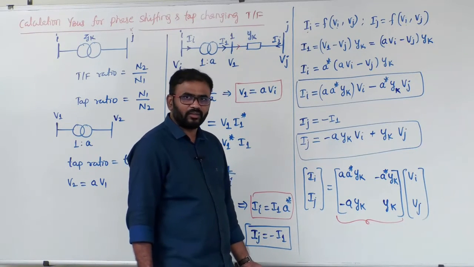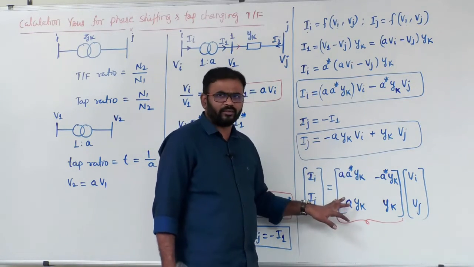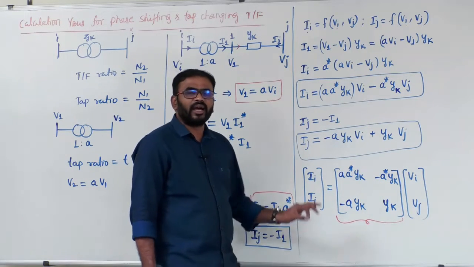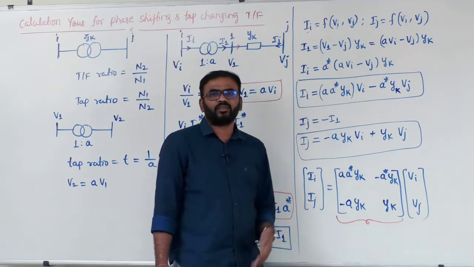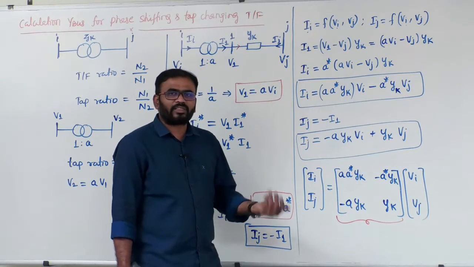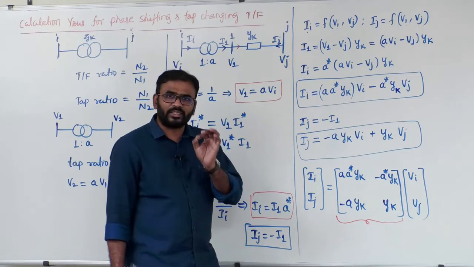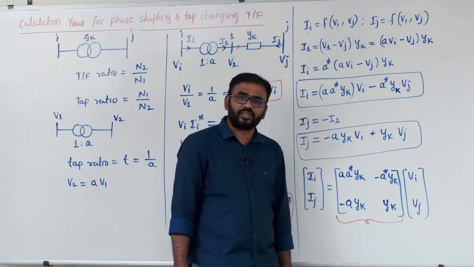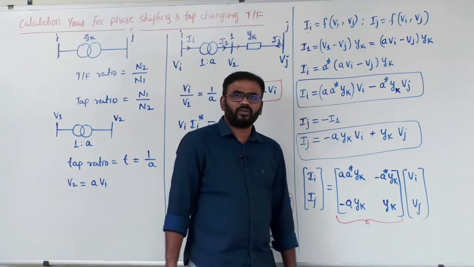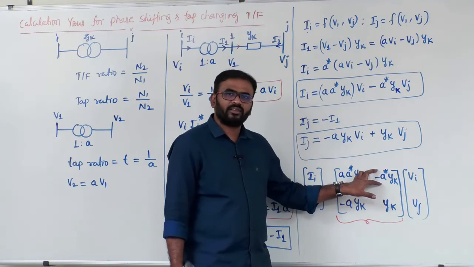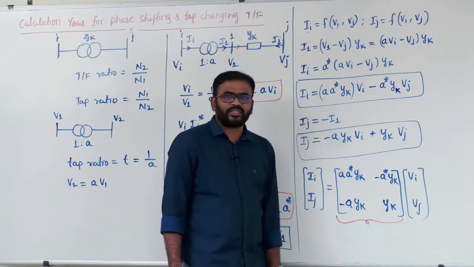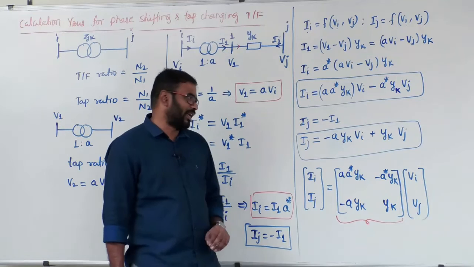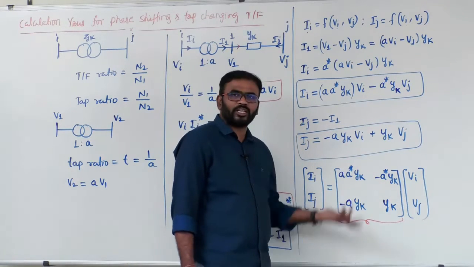What can you understand from here? Yij and Yji are not same. So that's why it is an unsymmetric matrix. That is why in the previous lecture I gave a conclusion that if there exists a phase shifting transformer, Y bus loses the symmetry. Yes, it is proved now. Yij is not equal to Yji. For a tap changing transformer, A and A conjugate are same.